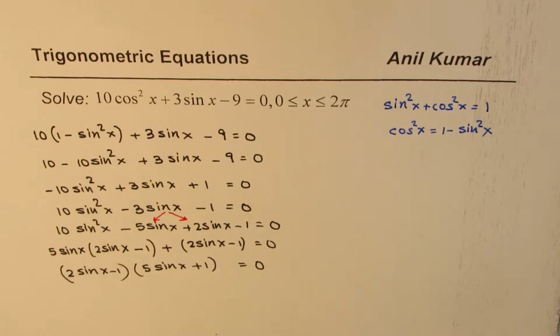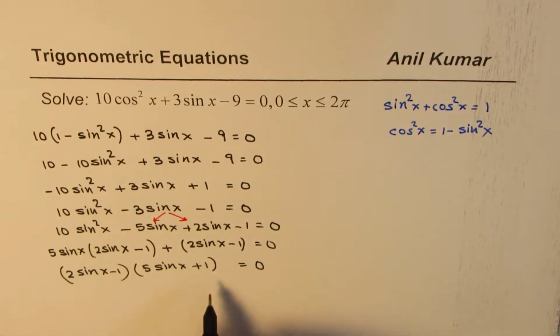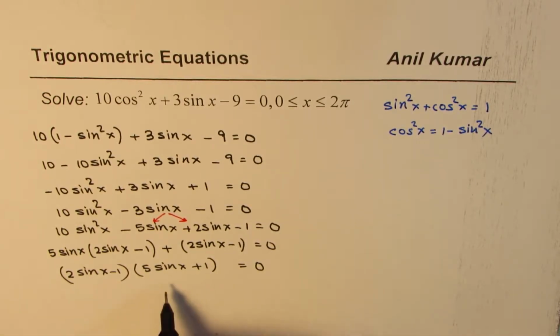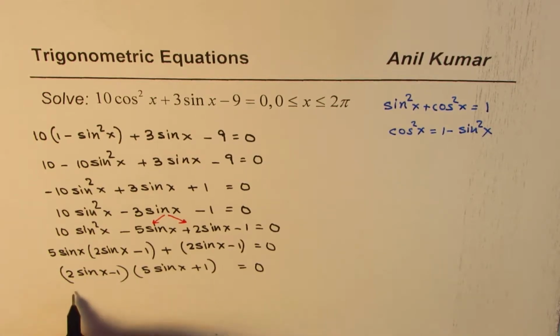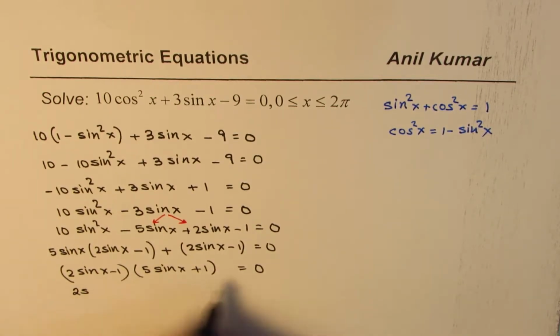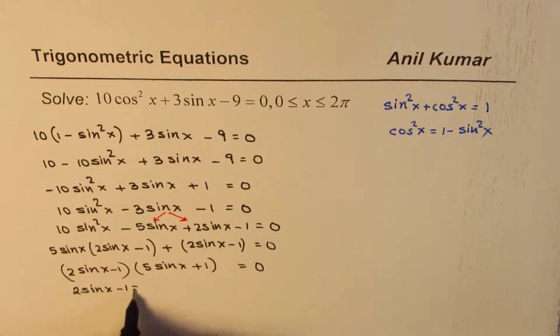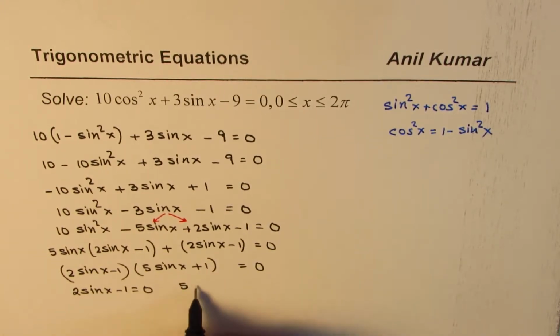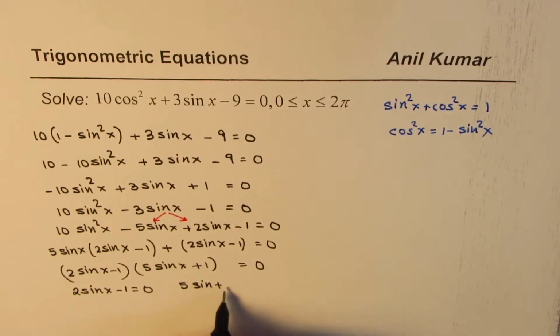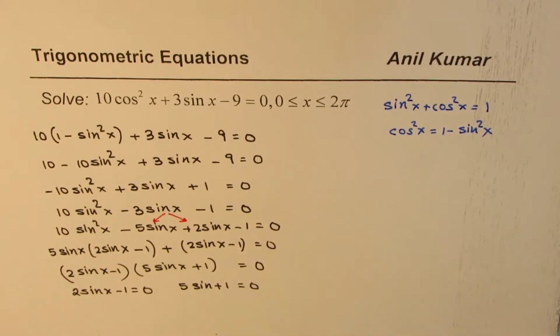So we get this quadratic equation in factored form, and now we can find its solution by equating both these factors to 0. The first one is 2 sine x minus 1 equals 0. The other one is 5 sine x plus 1 equals 0, right?